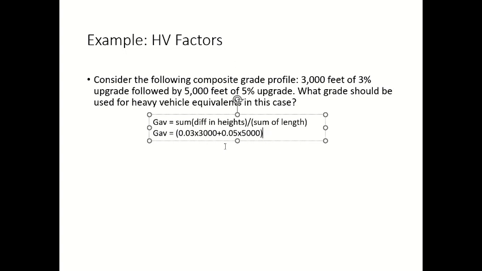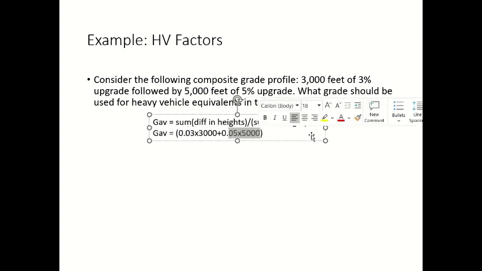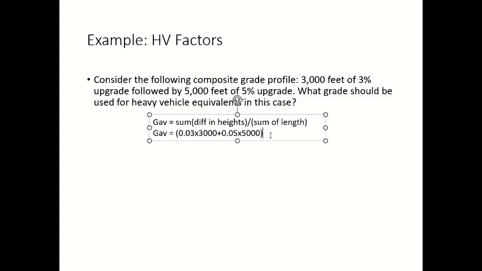Okay, this is for the 3% gradient. And this is for the 5% gradient. Okay, clear or not? Divide by the sum of length. So 3000 plus 5000. So how much is it? 0.042.